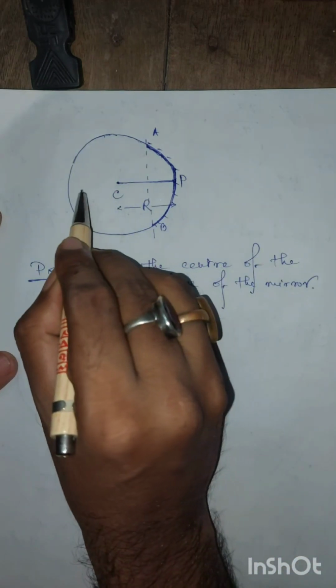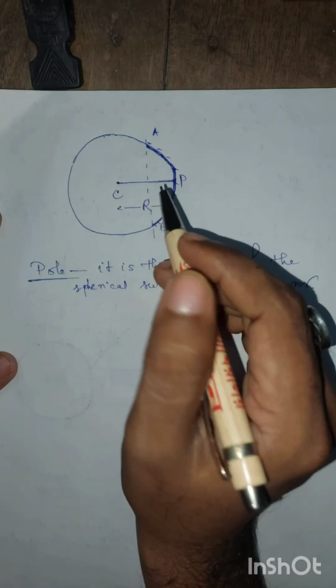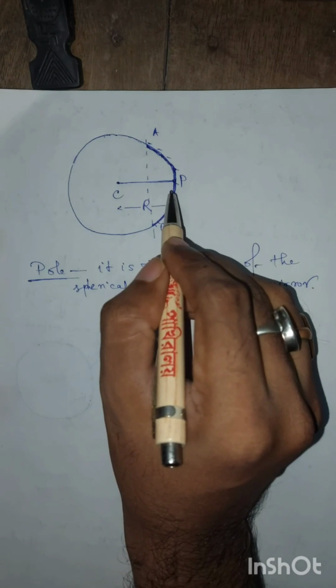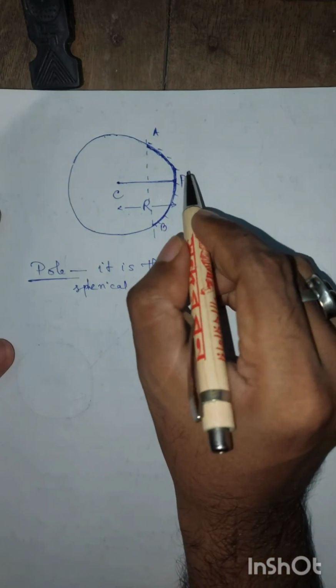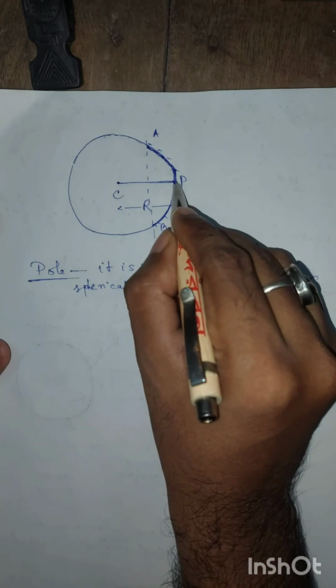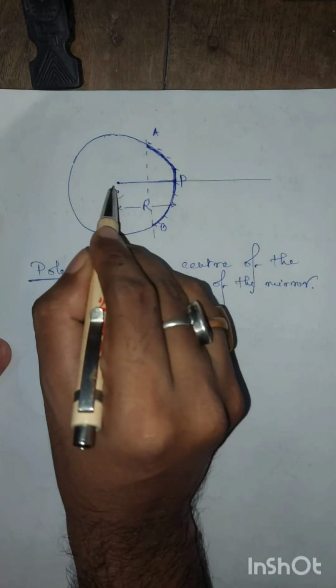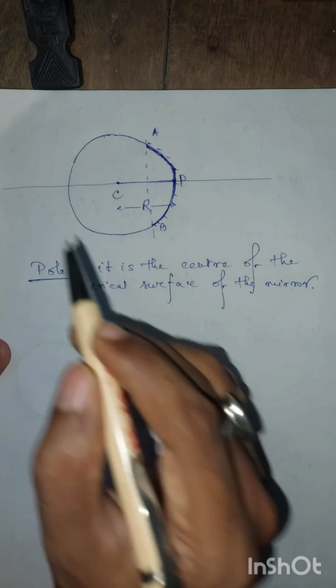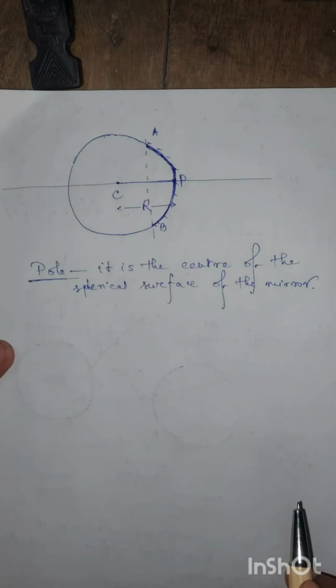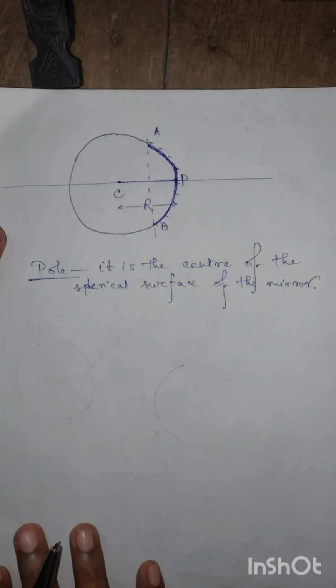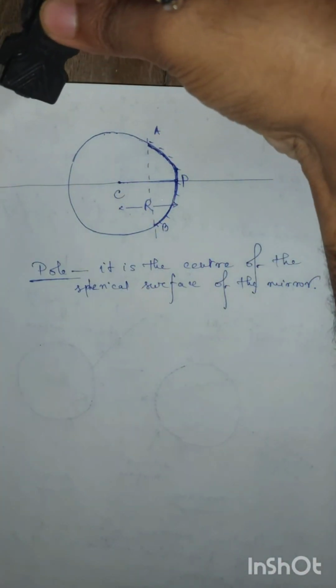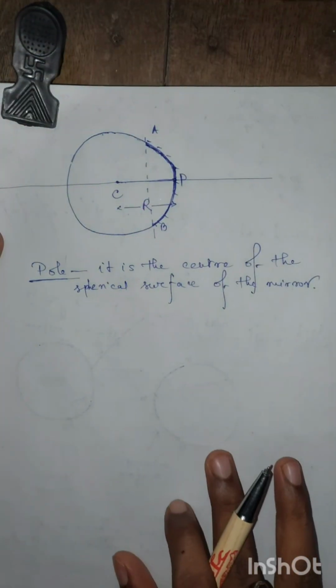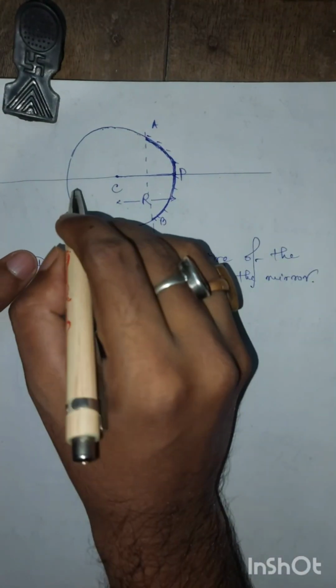Now, if we extend this line segment on both sides, we get a straight line, which is called the principal axis.